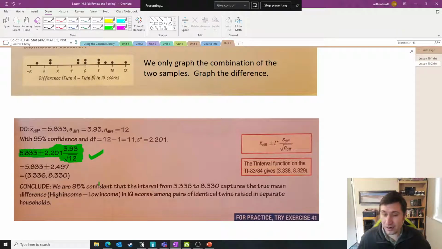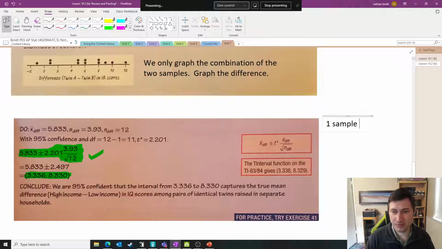Now, if it's not a multiple choice, you of course can just run it through your calculator and get the interval. But again, this is a one sample t-interval. All right, they don't make that super clear here. I'll write that over here on the side. This is a one sample t-interval.